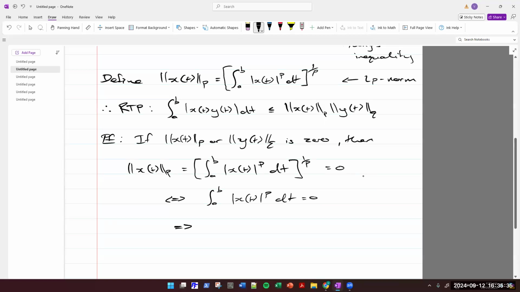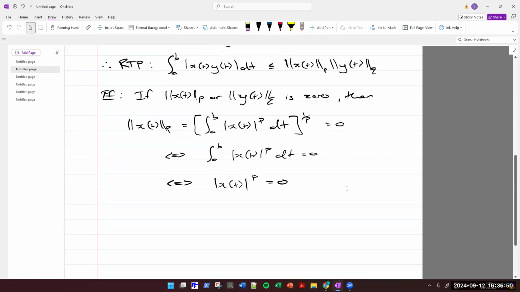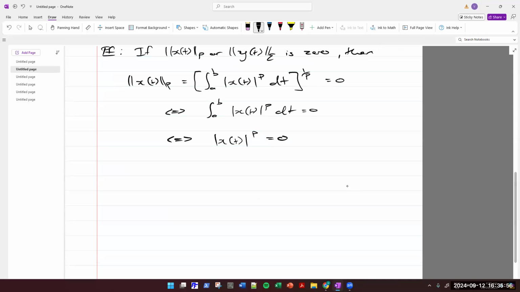Then this means that the integrand must be zero. That's the only way that can happen if the function is continuous. If the function is not continuous, this wouldn't happen, right? That's why you need to be in the space of continuous functions.